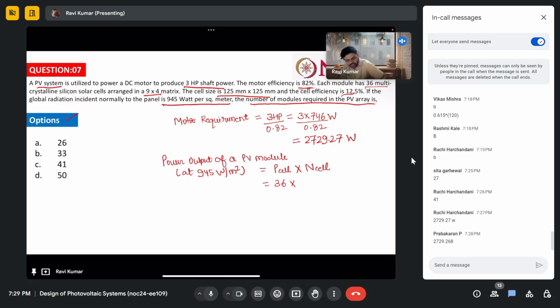What is the power of cell? Efficiency 12.5 divided by 100 into 945 into area of cell, 125 into 125 divided by 10 to the power 6. So this is the power output of a PV module. How much is it?